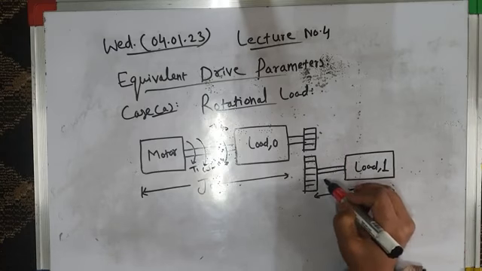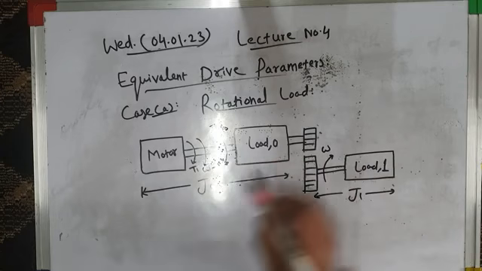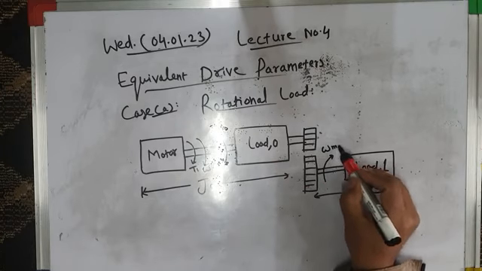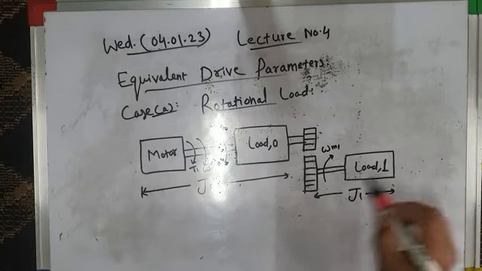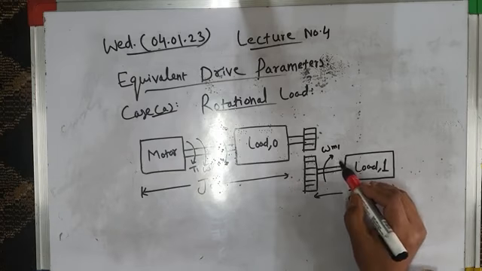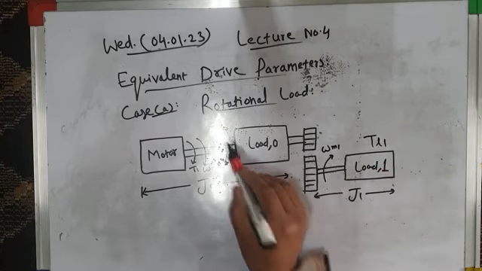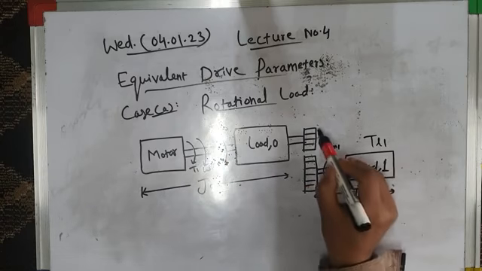And let us suppose this load 1 also rotates because of this arrangement. It rotates at a speed of omega m1. And let us suppose the load torque here is TL1. Here the load torque is TL0. Here the load torque is TL1.